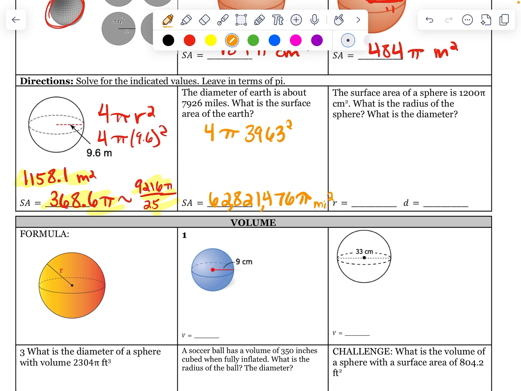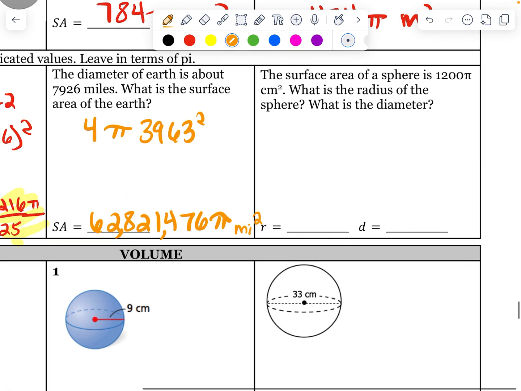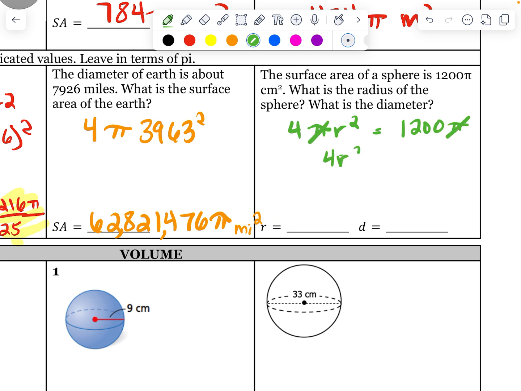What's the radius? What's the diameter? So we are working backwards on this one, my friends. 4 pi r squared equals 1200 pi. We're going to divide both sides by pi. Luckily, we have both of them. So 4 pi r squared equals 1200. Divide both sides by 4. R squared equals 300.